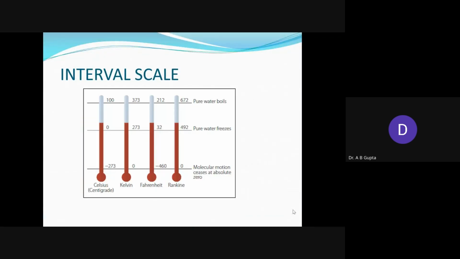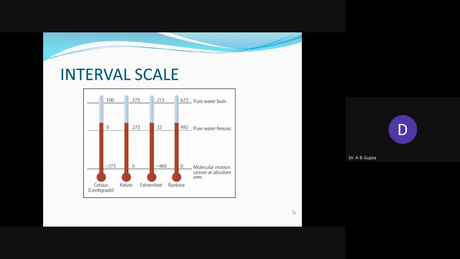Then I go to another very interesting scale called the interval scale. Here we are categorizing the data, we are ranking the data, and the interval is also equal between them. But there is no absolute zero.